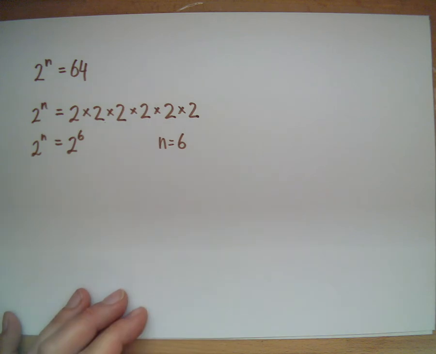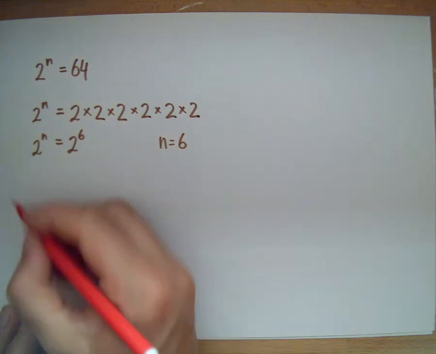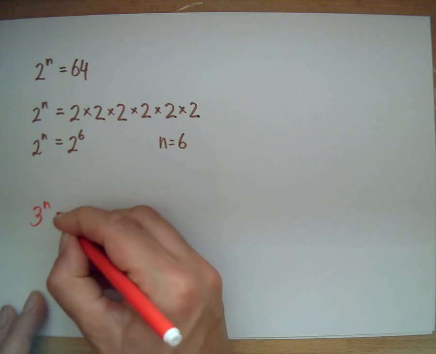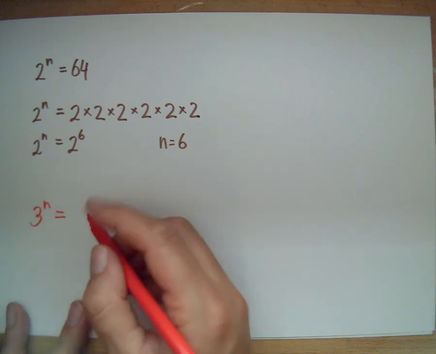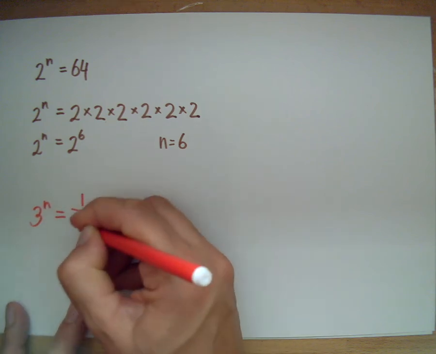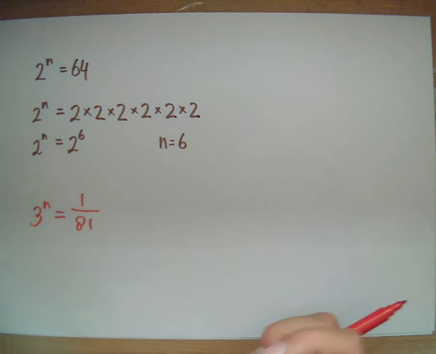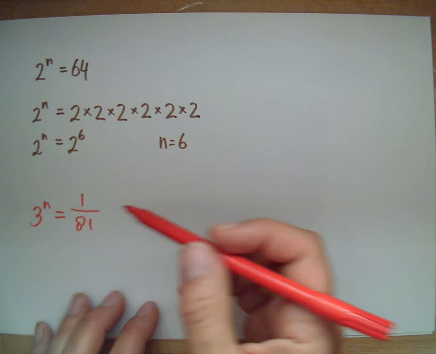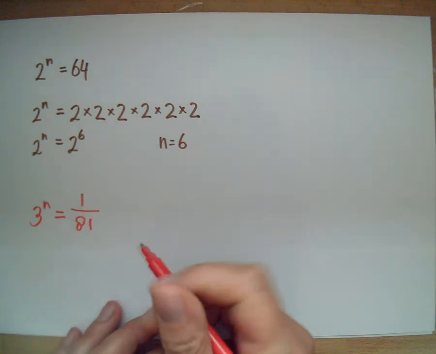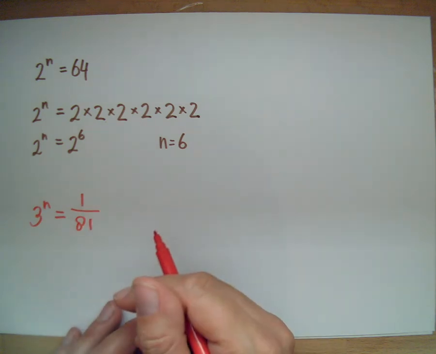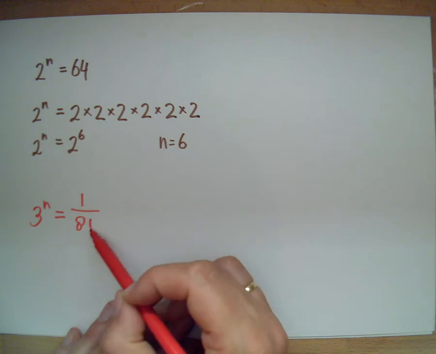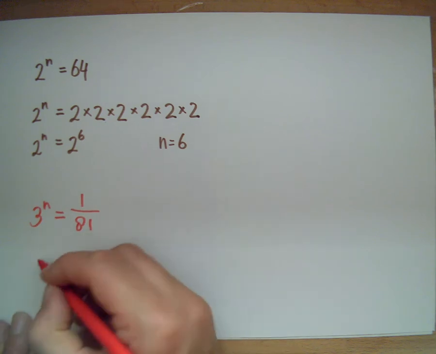What about this one? The exponent we put on 3 to get 1 over 81. So what exponent do we put on 3 for it to be equal to 1 over 81? First we want to write 81 as a power of 3, right?